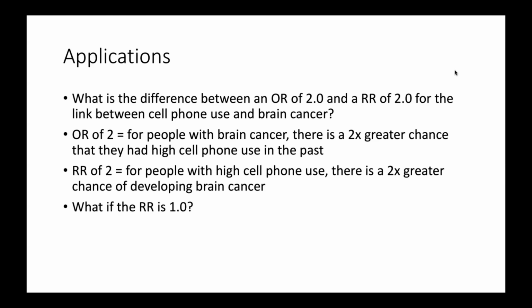The people who had high cell phone usage had a 1 times greater risk of developing brain cancer compared to those who didn't. 1 times greater meaning the same risk. Exactly. There was no difference between the risk of developing brain cancer in the high cell phone usage and the low cell phone usage groups. Perfect. Great. Does that make sense?